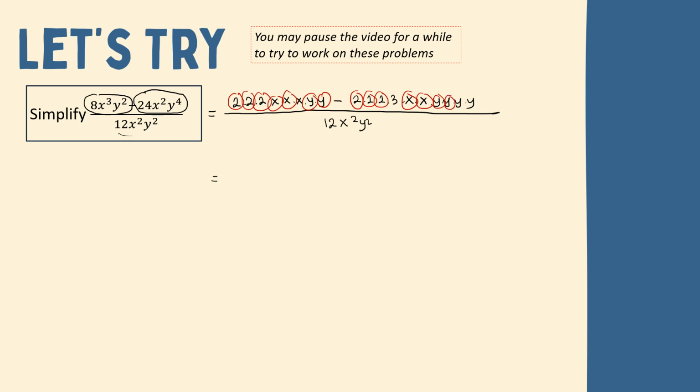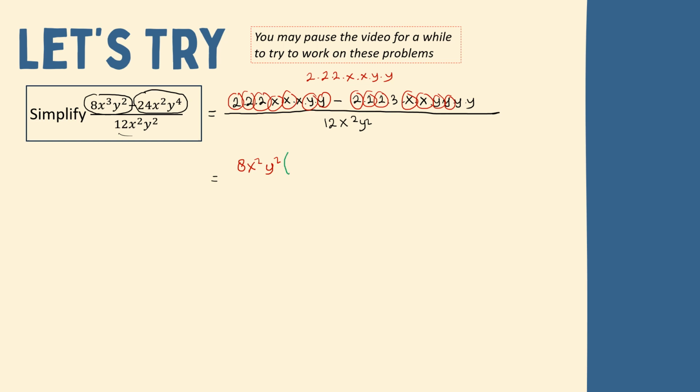So the HCF is 2 times 2 times 2 times x times x times y times y, which is 8 x squared y squared. 2 times 2 times 2 is 8, x times x is x squared, y times y is y squared. So put 8x squared y squared in front of the bracket. And what's inside the bracket?